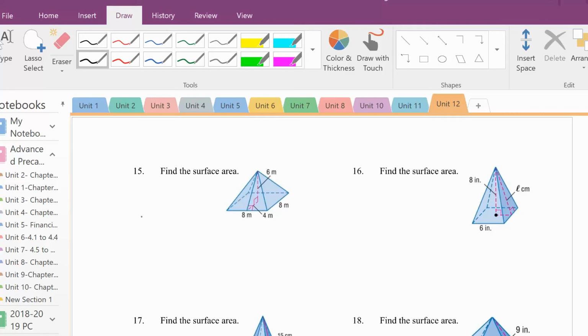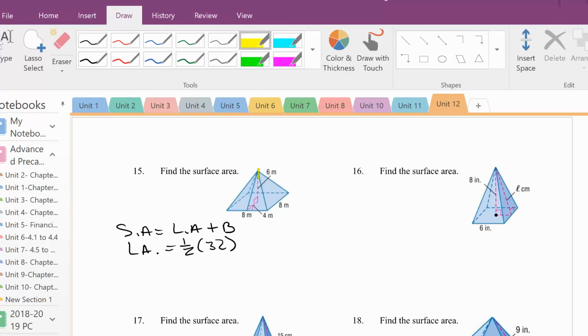So the surface area, remember, is equal to the lateral area plus the area now of the one base. Well, the lateral area is 1/2 the perimeter, and you know this side is 8, so 32 is the perimeter, times the slant height. Well, notice they don't give you the slant height here.